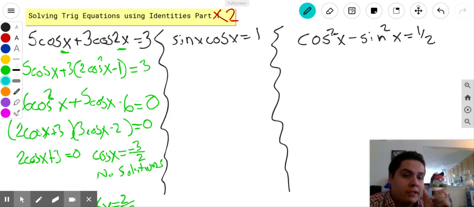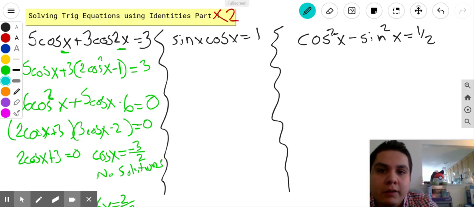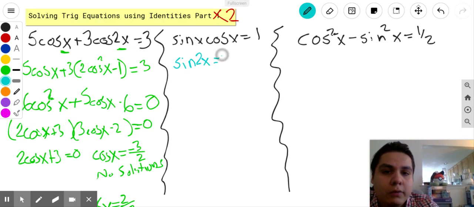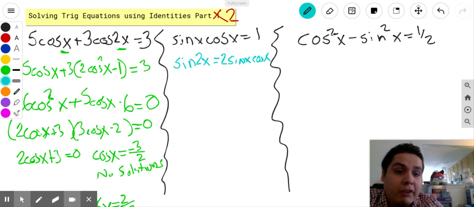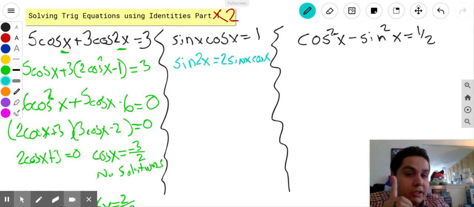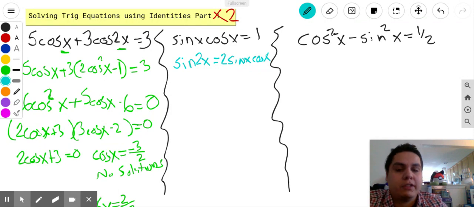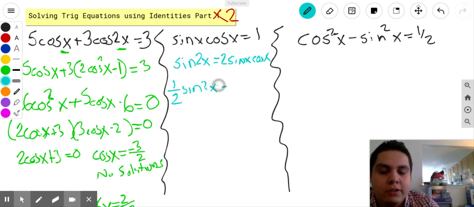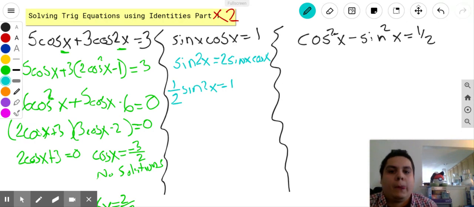In my mind, when I see that and I look at my doubling identities, I know that this is very similar to sine of 2x, except sine of 2x should equal 2 sine of x cosine of x. So the fact that I just have 1 sine of x cosine of x instead of 2 sine of x cosine of x means that I can think of this as 1/2 sine of 2x should equal 1.